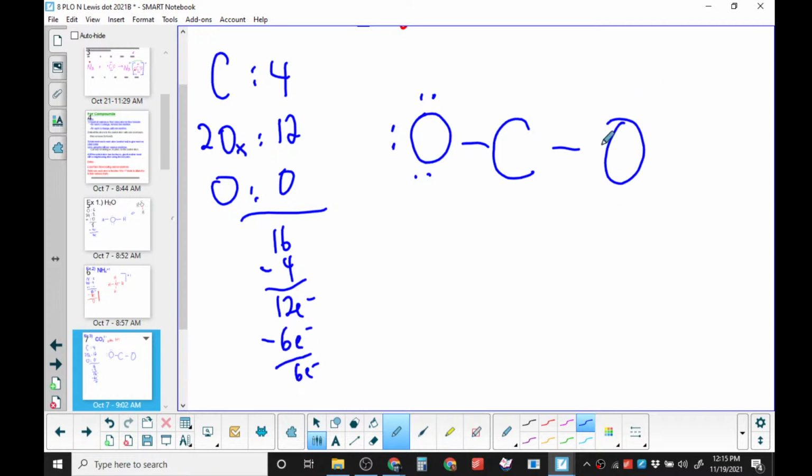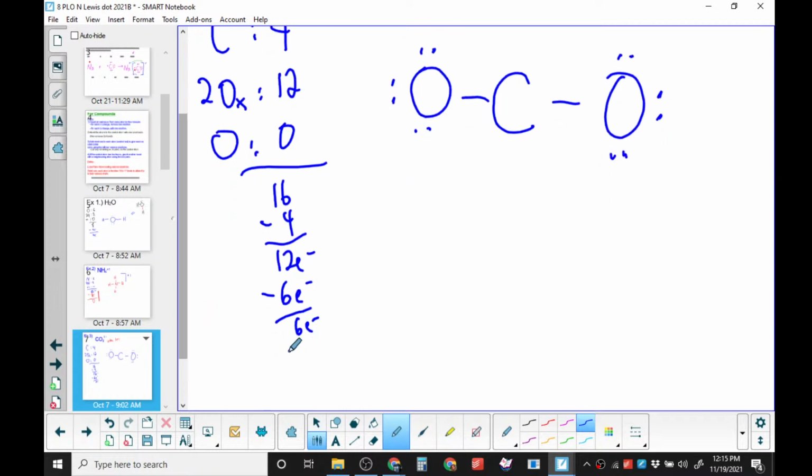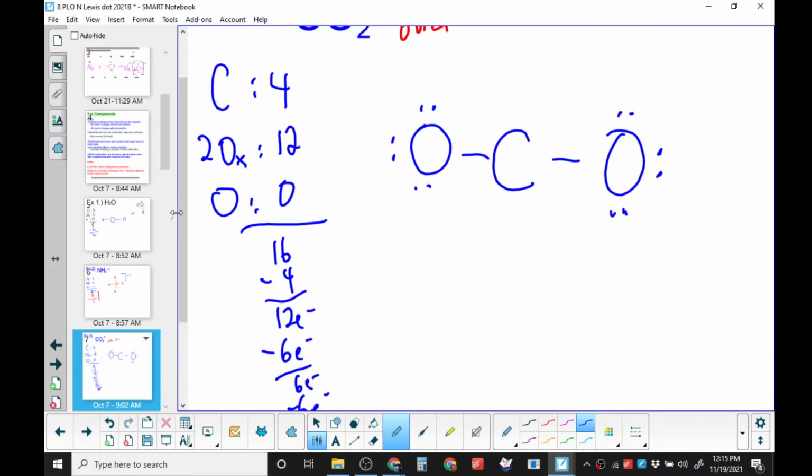How many do I give to this oxygen? 3 pairs. And then I subtract that 6. Then I get to 0, and I'm not allowed to add any more electrons. I am out. Now, at this point, I look at the central atom and say, is the central atom happy with an octet?